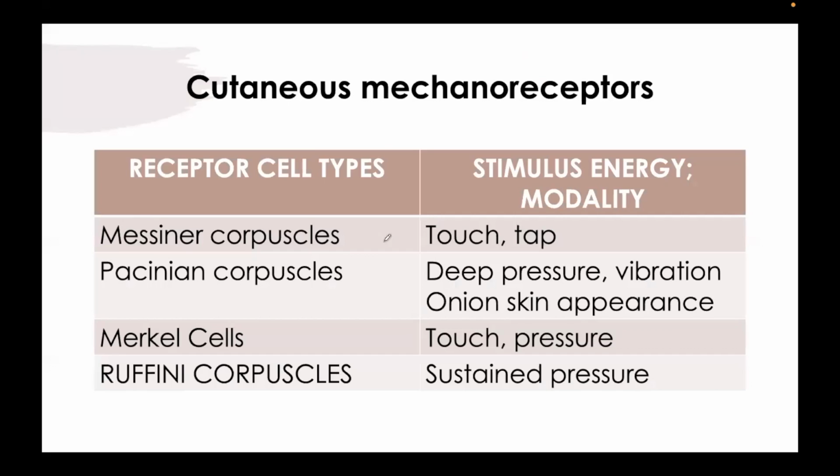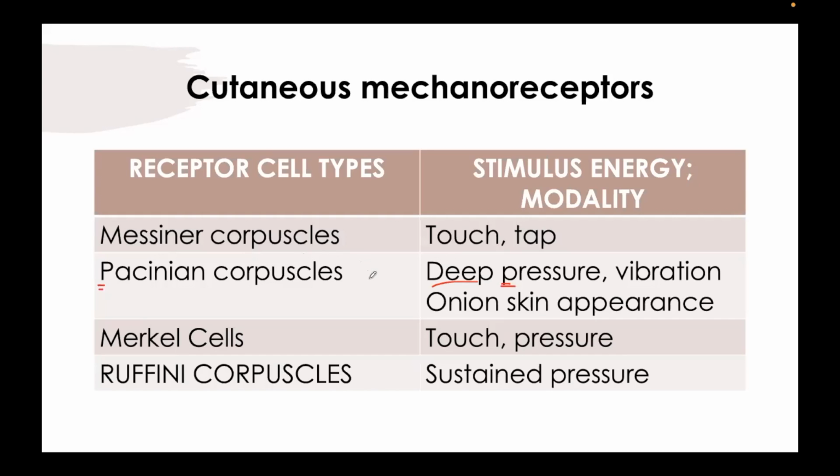So the Meissner's corpuscles respond to touch and light tapping. Pacinian, P is pressure, very deep pressure.